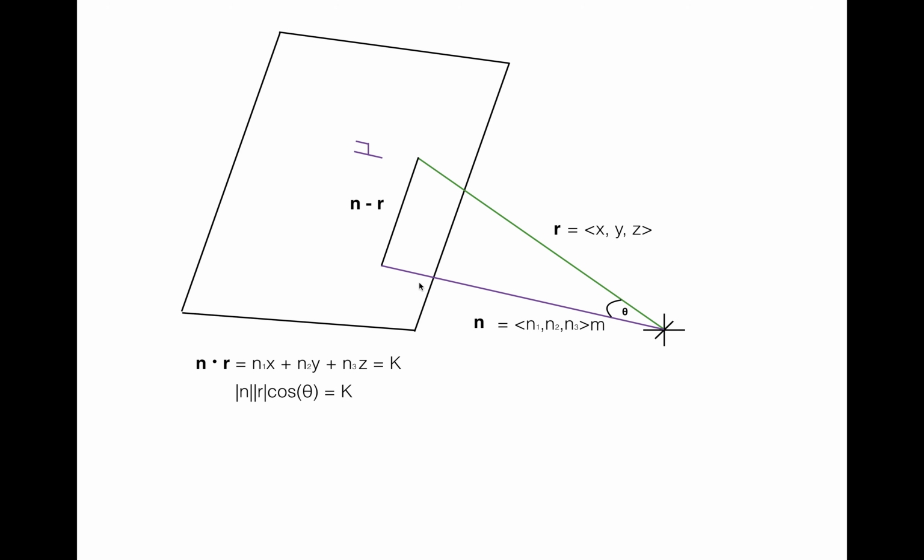Which means if it's on the plane and n is the normal vector to the plane, these 2 vectors are orthogonal.